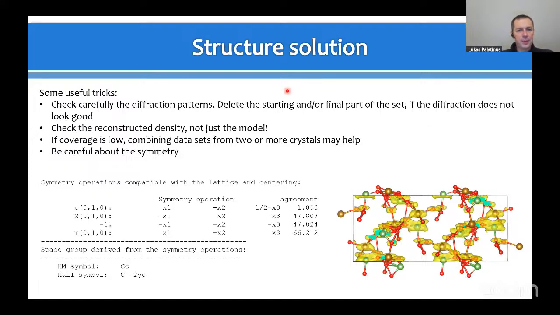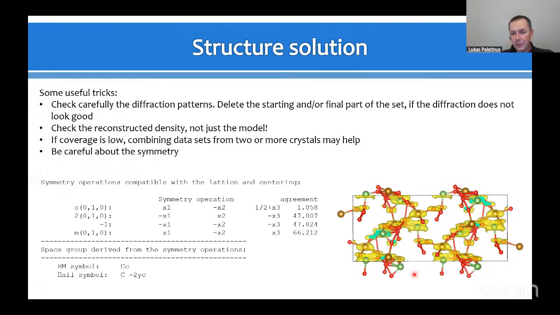So that can help. My favorite trick: check the reconstructed density or electrostatic potential, not just the structure model. Quite often, the model does not look that great, but the reconstructed potential actually contains a solution. This is an example. Again, this is an inorganic structure, and if you would look only at the interpreted atom positions, they don't look very nice.